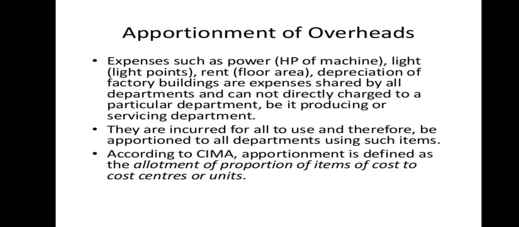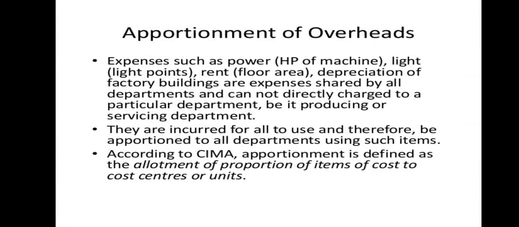Building means it is for the entire factory building, so it should be borne by all producing or service departments. They are incurred for all to use and therefore are apportioned to all departments using such items.